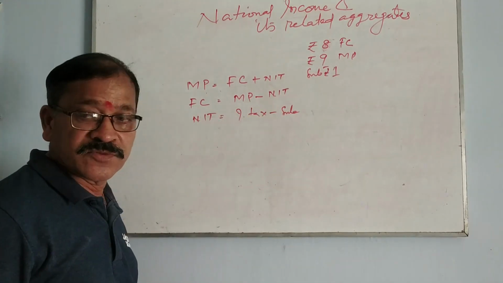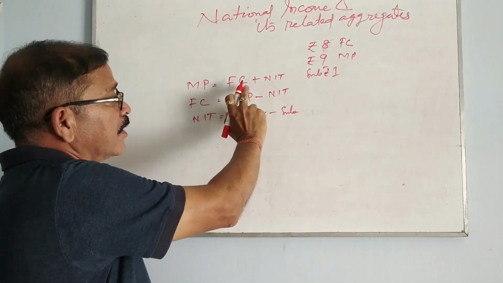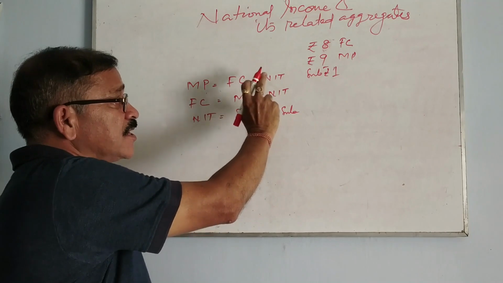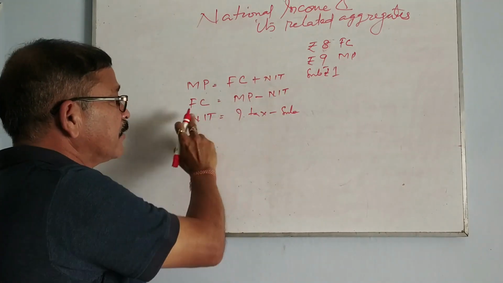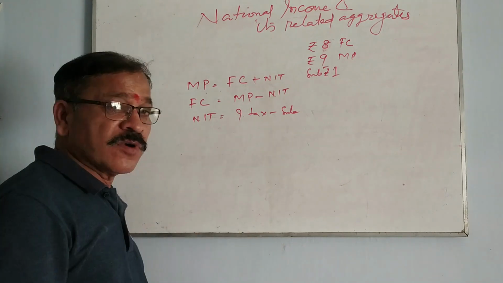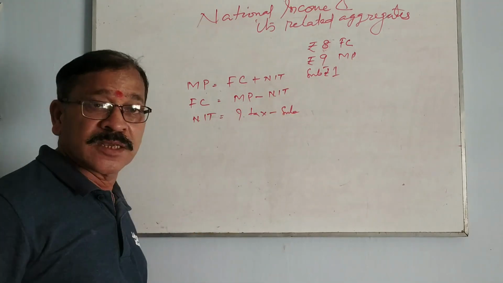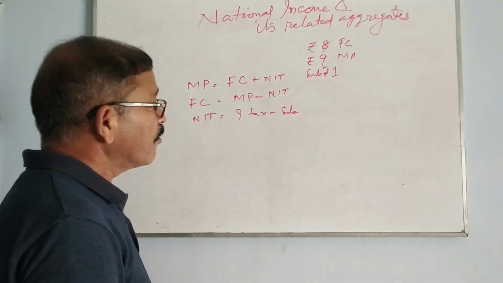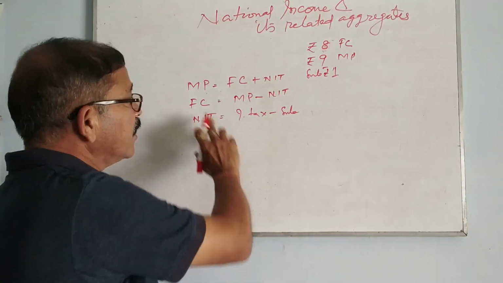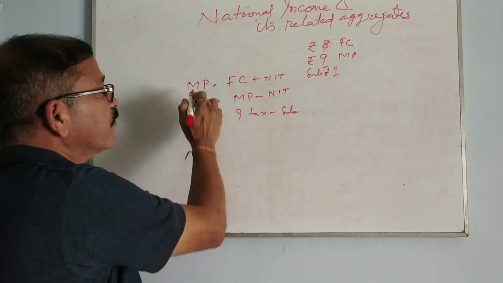This formula is very, very important. MP, if you want to find out, FC plus NIT. FC, if you want to find out, MP minus NIT. NIT, if you want to find out, indirect taxes minus subsidy. These are the basic formulas in order to convert.